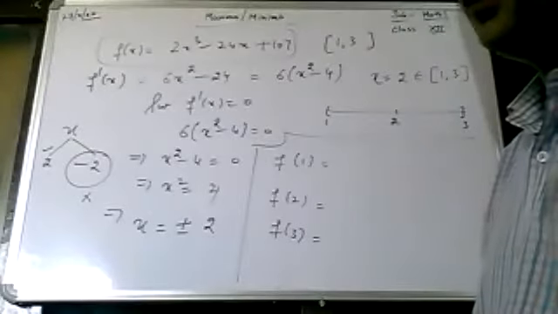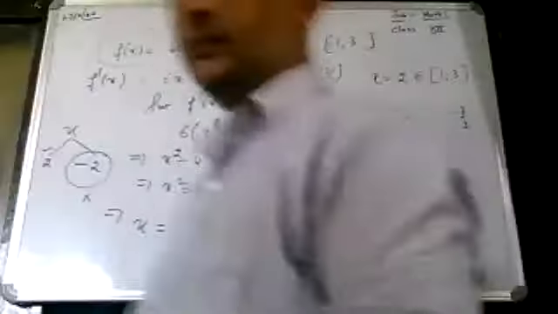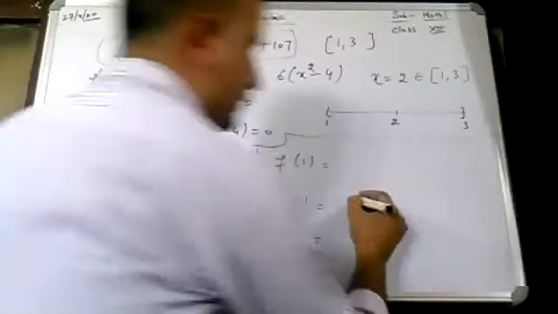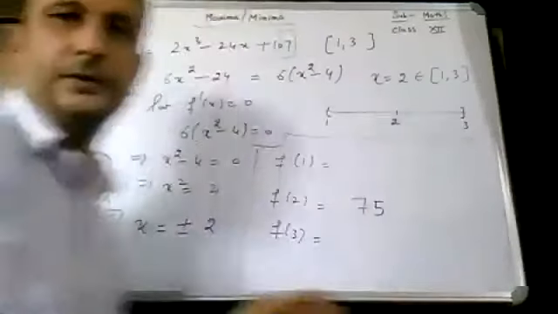Sir, at 2 it is 67. Wrong answer. दोबारा कैलकुलेशन करो. Sir, at 2 it is equal to 75. Shabash. 75 is correct.